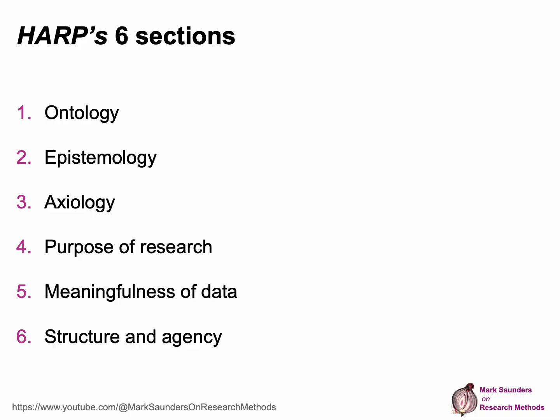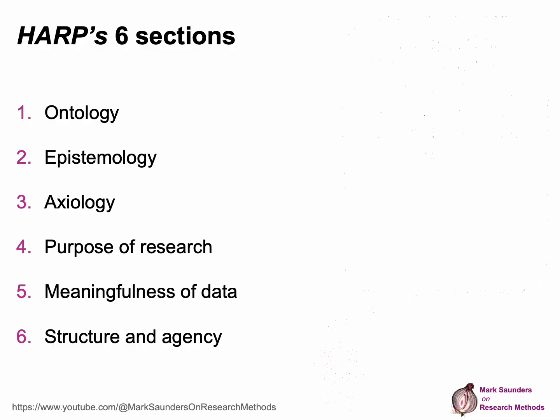The purpose of research has statements about why it is undertaken and for whom. The meaningfulness of data section looks at what makes data meaningful. And finally, the structure and agency section has statements about the nature of structure and agency, how human behaviours and choices are determined.